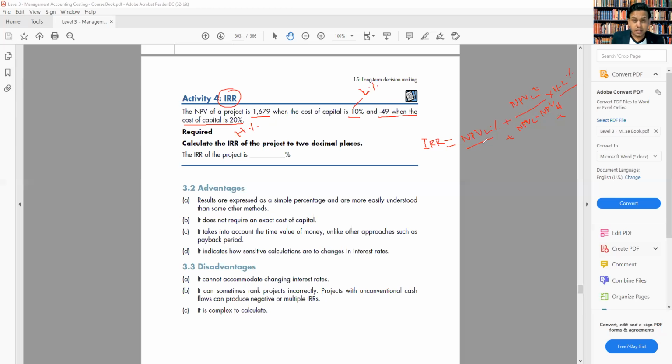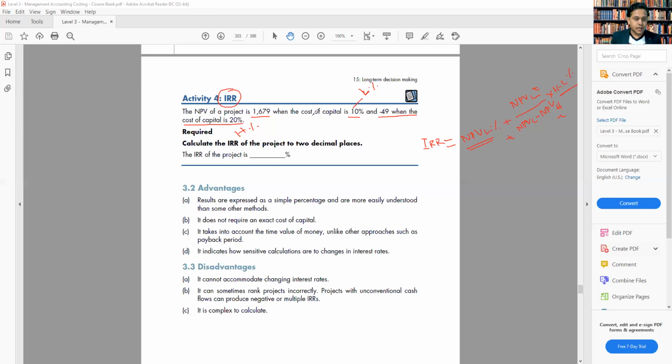The formula is NPV-L, that is the lower percentage, plus NPV lower on the top, on the bottom NPV lower minus NPV higher, times higher minus lower. Only the first and the last are percentages. The middle will be values, the amounts.